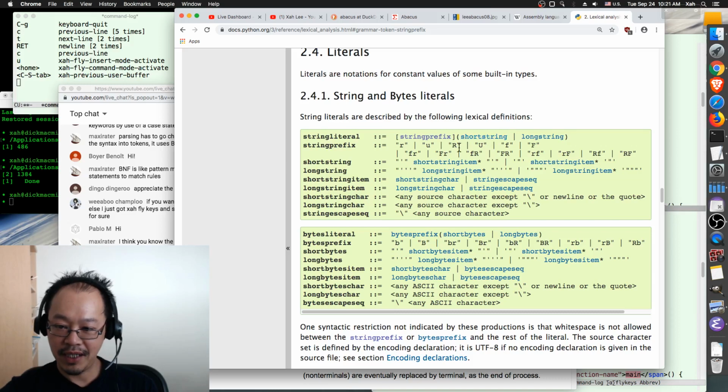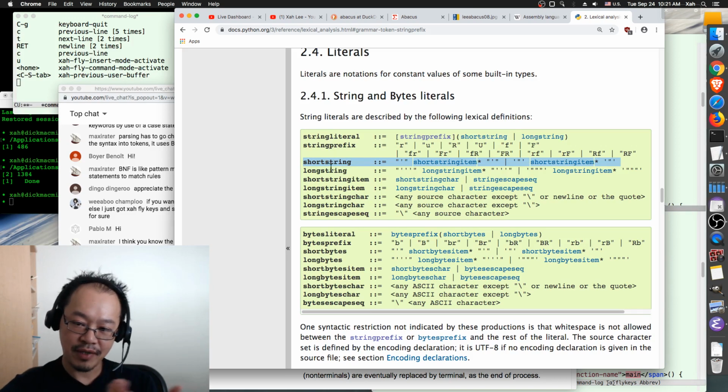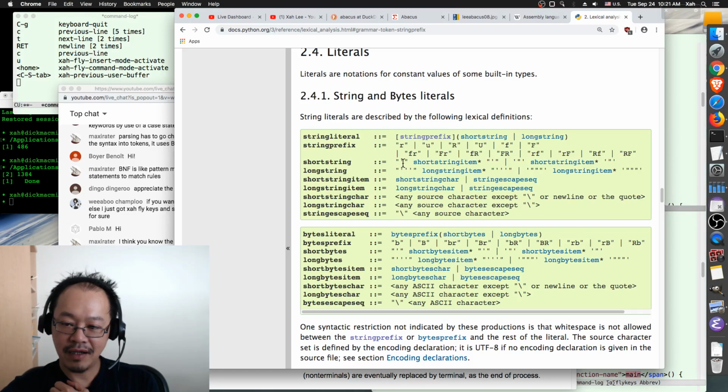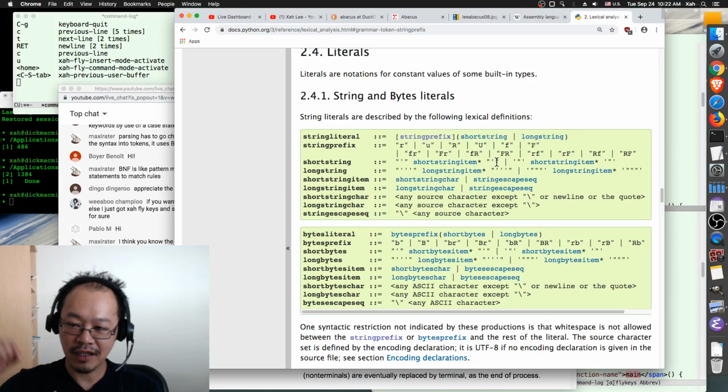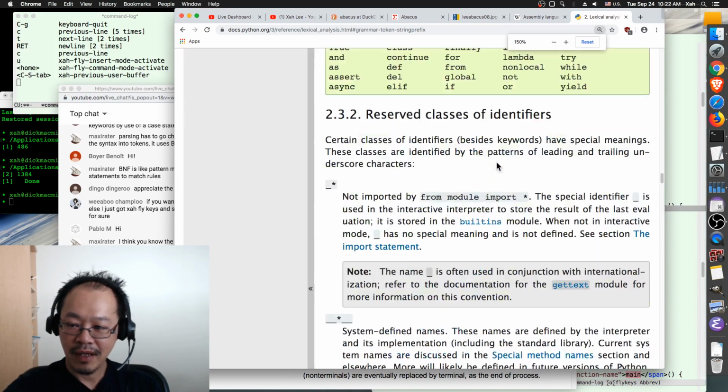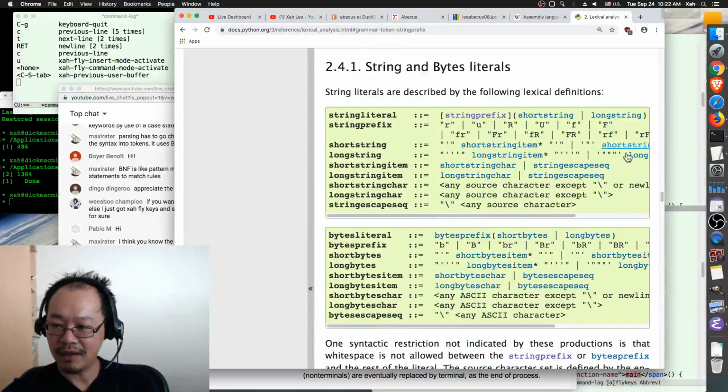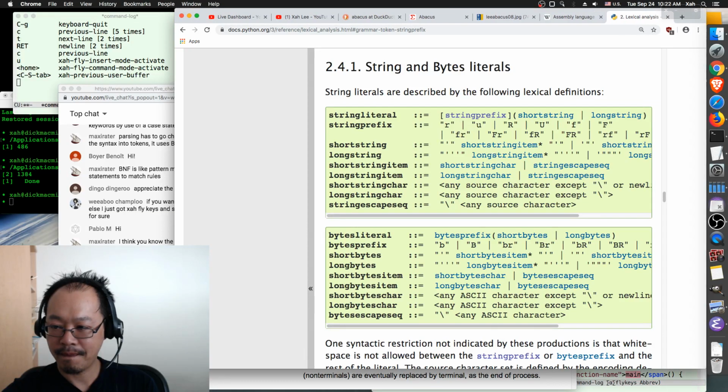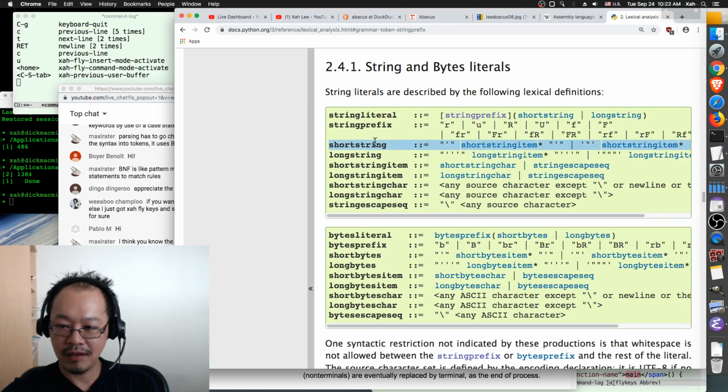What does short string mean? Every time you see short string, you can replace it by a single quote, followed by zero or more short string items, followed by another single quote. Let's magnify. So here's one of the rules.